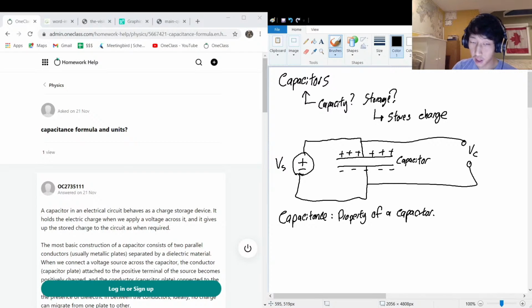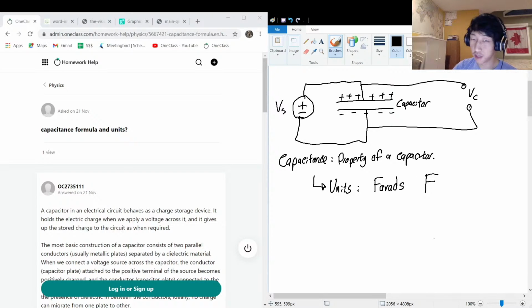The units for capacitance are farads. That's named after Michael Faraday, a very clever scientist a long time ago, who is also behind Faraday's law. If you have a law and a unit named after you, you're probably pretty good at science. You don't write farads, you just write big F. It might be tempting to say that F stands for fun, but it's farads.